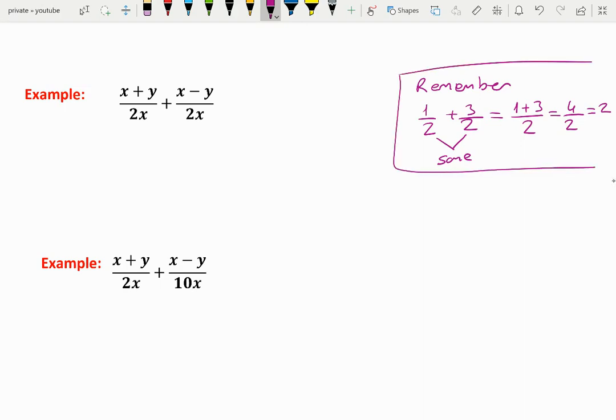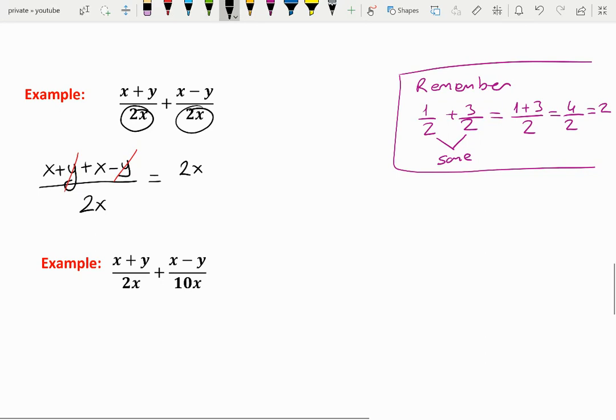So keep that in mind. And how about here in our example? Since 2x and 2x are equal, I will write x plus y plus x minus y over 2x. And then I have 2x, and the y's cancel. So 2x over 2x, which is 1.